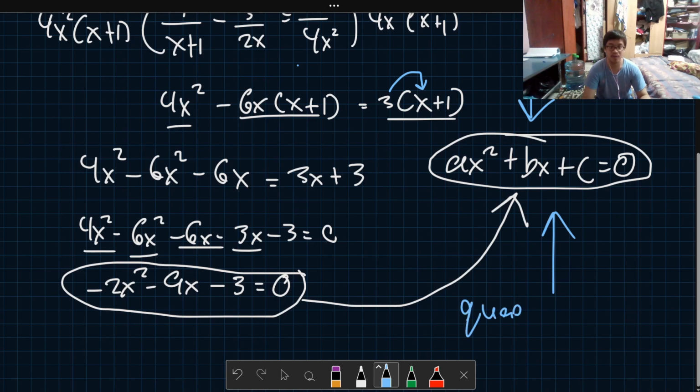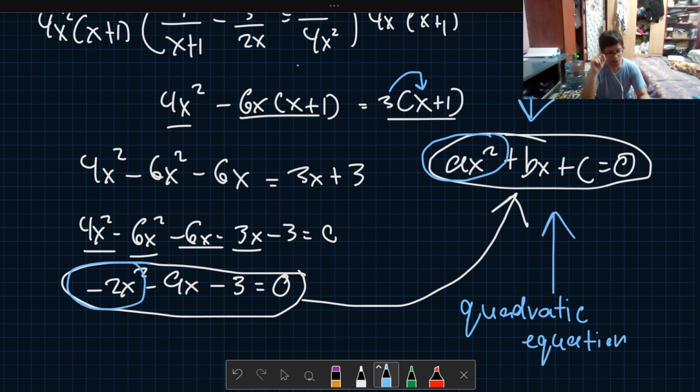You will know if it's a quadratic equation if your highest exponent is squared and you have x squared. Okay? So in this case, you have x squared, and that's the highest exponent. It obviously gave us the idea that there exists a quadratic equation.